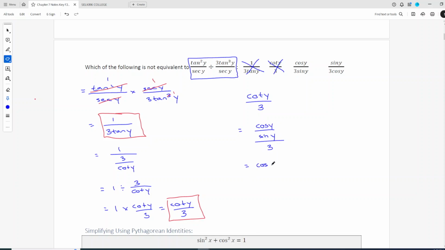So it's cos y over sine y divided by 3, which would be the same as cos y over sine y times 1 over 3, which would simplify to cos y times 1 over 3 times sine y. So I'm equivalent to this one as well. So this would be the one expression that I'm not equivalent to.